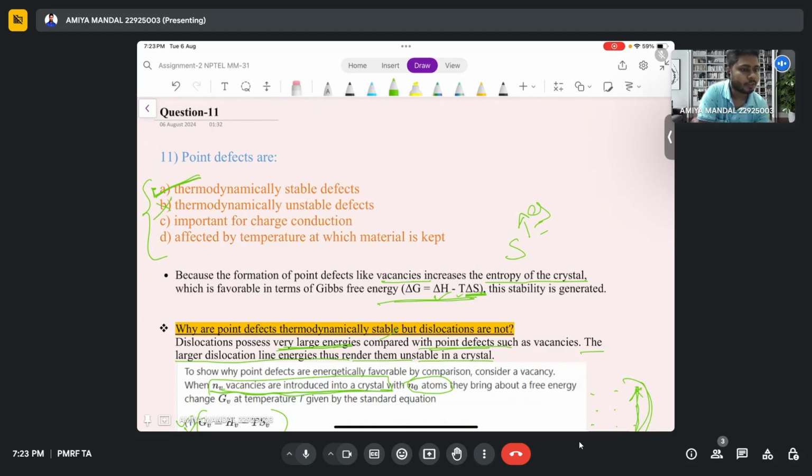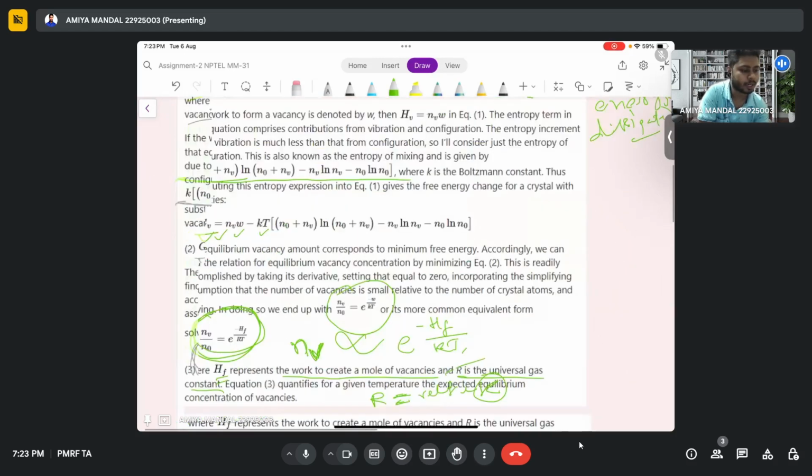Point defects are important for charge conduction. This is of course true. And these are affected by the temperature at which the material is kept. We have seen that N varies as the exponential of minus 1 by kBT, so it is directly affected by the temperature.